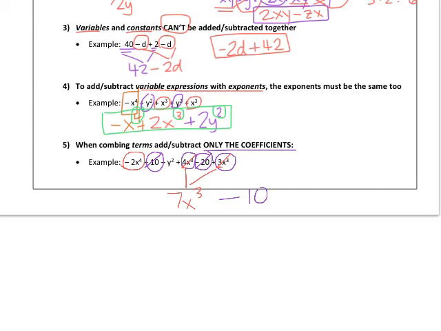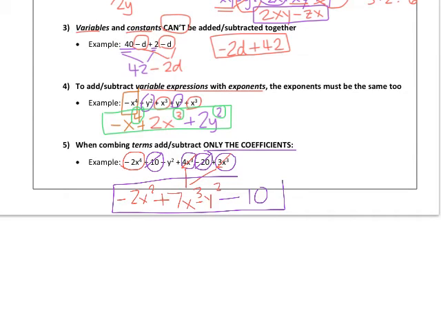Nothing else here has an exponent of 4, so I'm going to put that out front. And then I have a negative y squared. I'm going to fit that right in here because my exponent is 2. The 7x was a positive 7x. So basically I pieced it all together, and my final answer is right here.